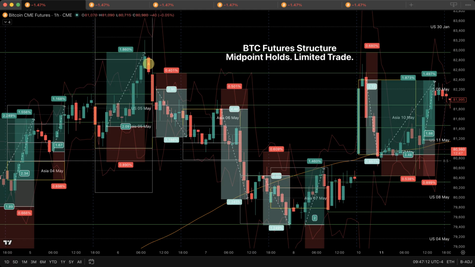It breaks above May 6th US lower boundary. It tests May 10th Asia upper boundary. The long entry sits at May 11th US midpoint. The stop sits at May 7th US lower boundary. The first target sits at May 6th US lower boundary. The trail reaches May 10th Asia upper boundary.